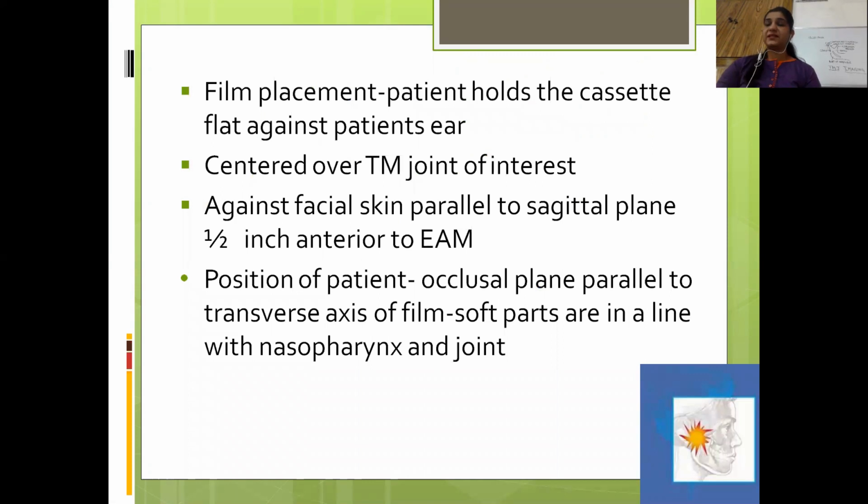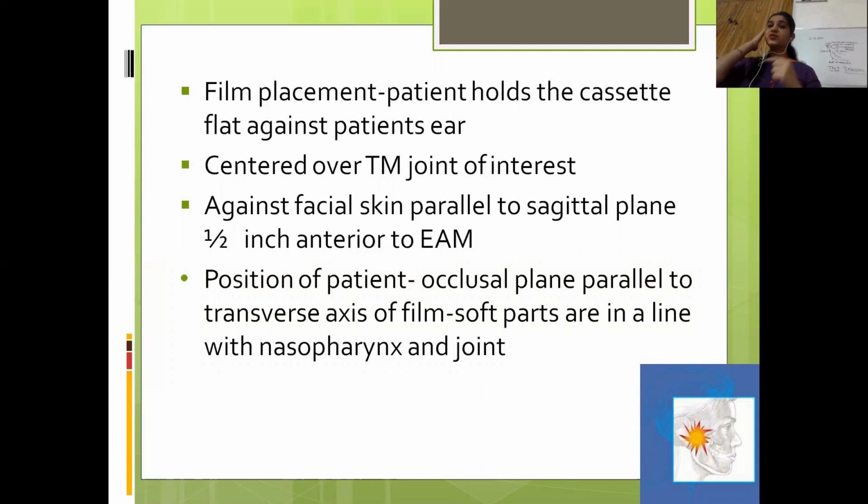Film placement. Again, we should be well versed in the correct film placement. The patient holds the cassette flat against the ear and centered over the TM joint of interest. Whichever side we have to shoot, where the patient is having pain symptoms, we will ask the patient to hold the cassette like this against his ear and facial skin, parallel to the sagittal plane, half an inch anterior to the external auditory meatus.